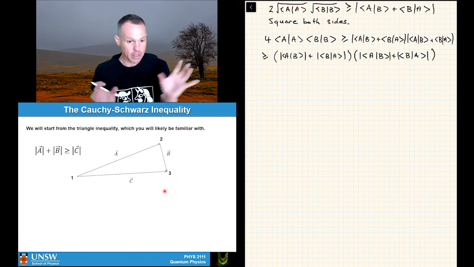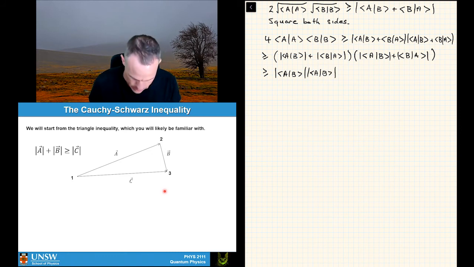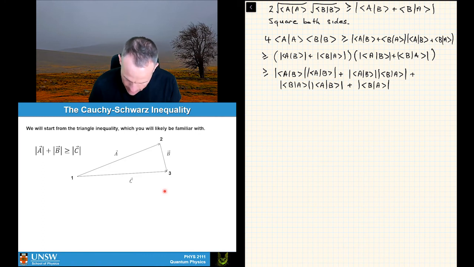Okay, so then we can just basically multiply this out, right? So this is going to be greater than or equal to the inner product of A and B times the inner product of A and B, plus the absolute value of (A,B) and (B,A), plus another one here, which will be (B,A) and (A,B), and one more, which will be the inner product of (B,A) and (B,A) again.